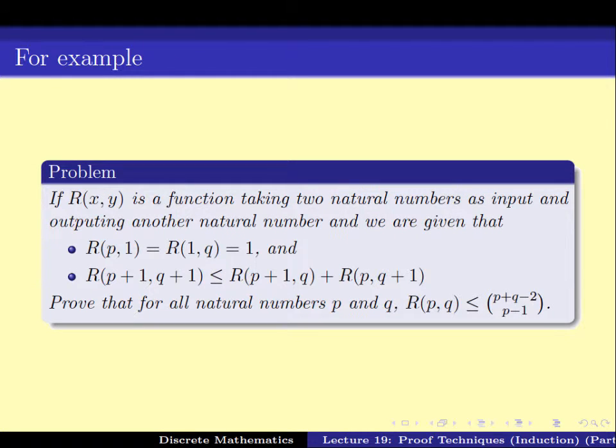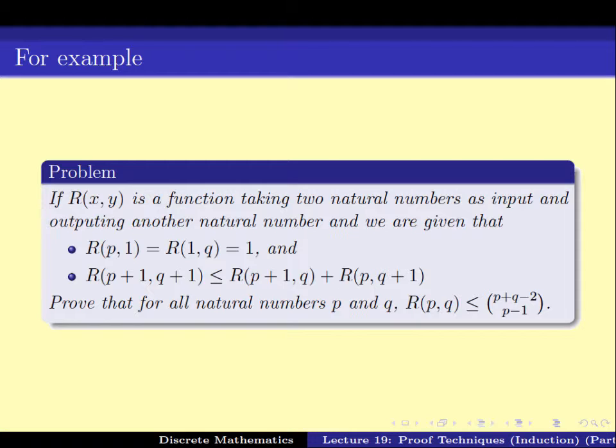So here is an example. Let R(x,y) be a function which takes two natural numbers as input and outputs another natural number. The rule is that R(p,1) equals R(1,p) equals 1 for all p, and R(p+1,q+1) is less than or equal to R(p+1,q) plus R(p,q+1).